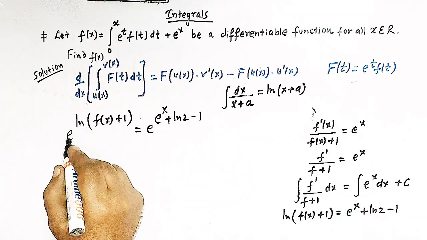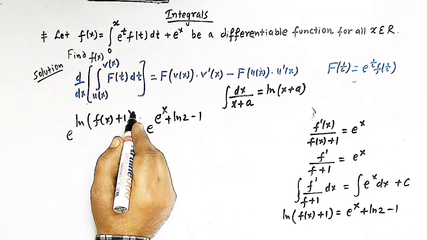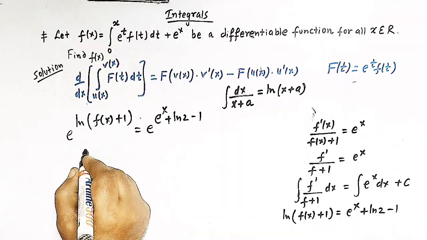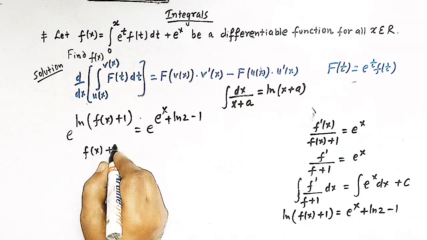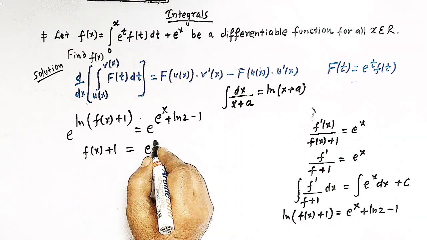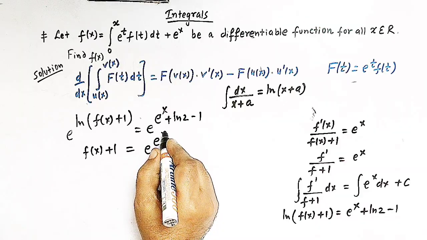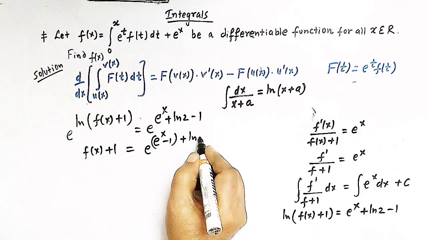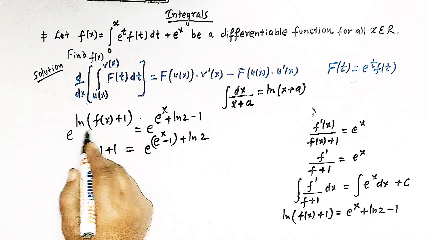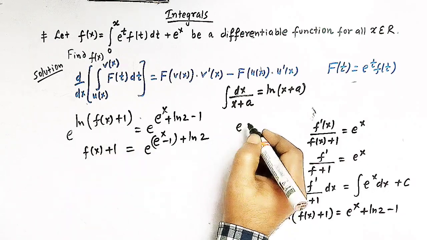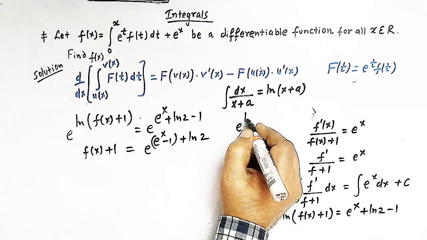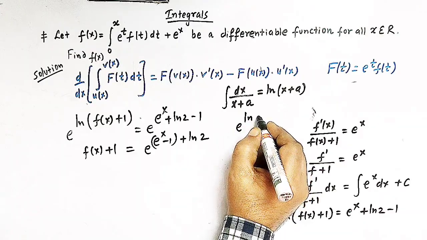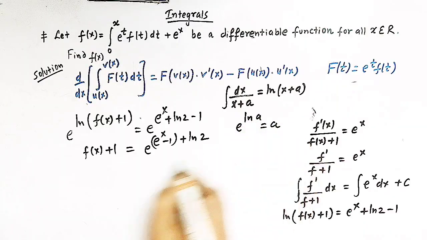And we know that e raised to natural log of f of x plus 1 is simply f of x plus 1, and here we have e raised to x minus 1, and here we have natural log of 2. So here we have used this result, that is, e raised to log of a is equal to a, right?